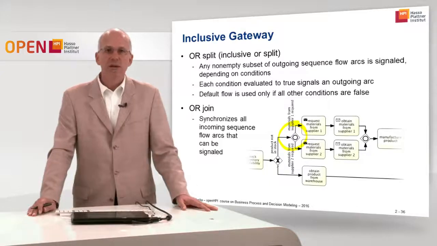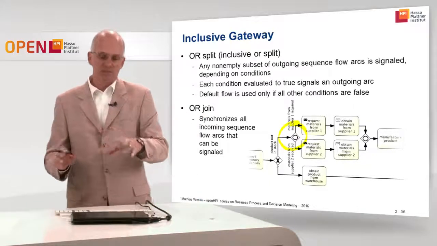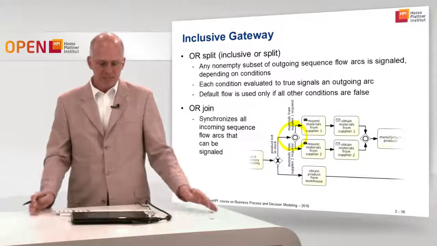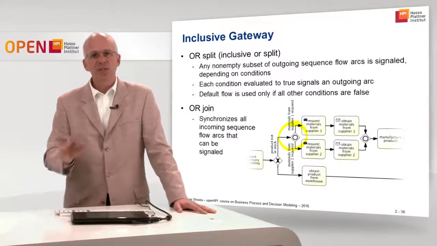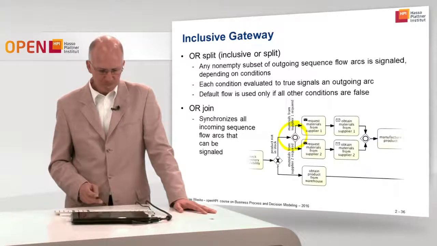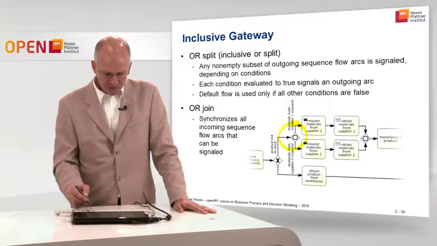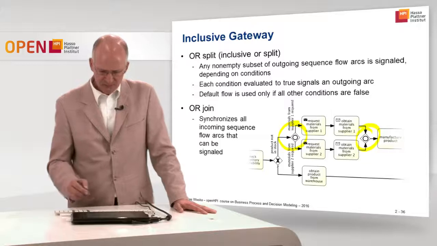And then either the upper branch is taken, or the lower branch is taken, or both branches are taken. So we have the complete execution semantics we had in the previous process model, represented in quite a compact way. The OR join synchronizes all incoming sequence flow arcs that can be signaled.